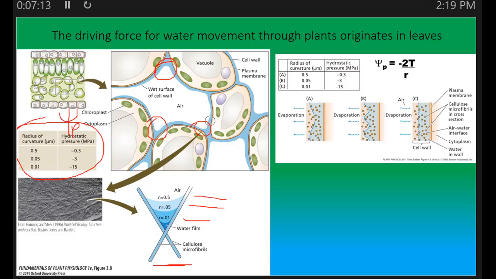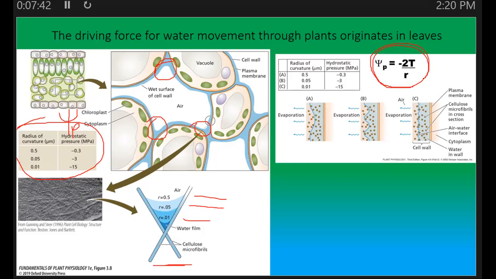So that's a good tension force. Tension is negative pressure. So that negative 15 is a whopping good tension force. And as you get the liquid water receding into tighter spaces in the leaf like that, you get those smaller radii. Basically, they used this equation that I typed in over here to calculate the hydrostatic pressure, the psi sub p.